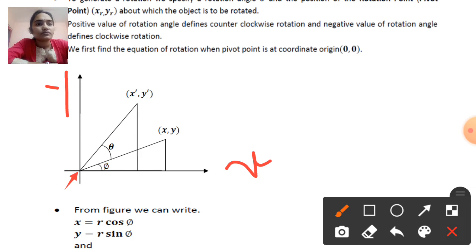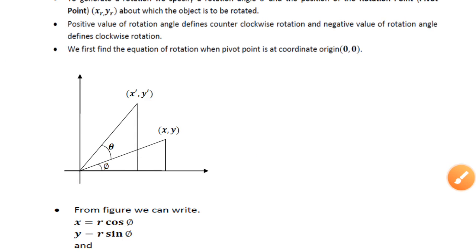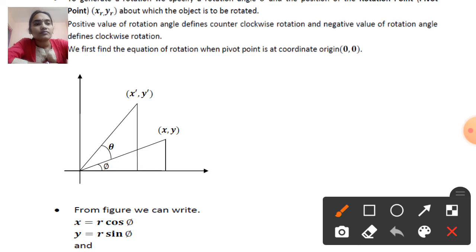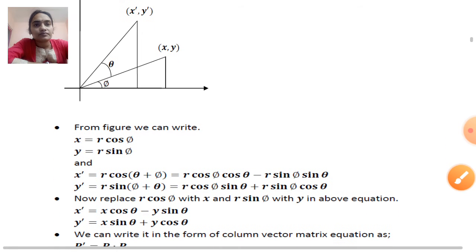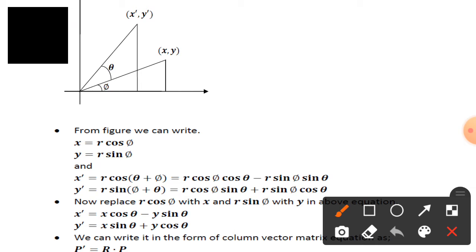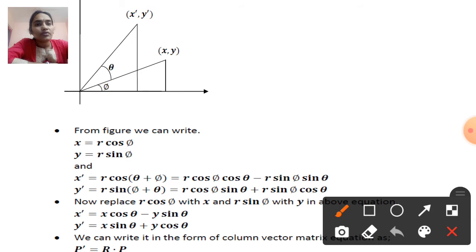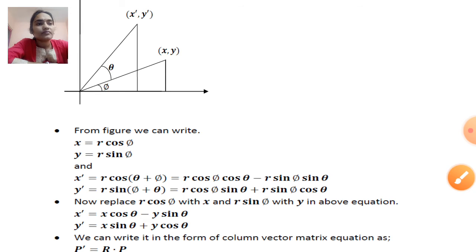Now here from the figure we can write x and y both are 0 and the angle is phi.